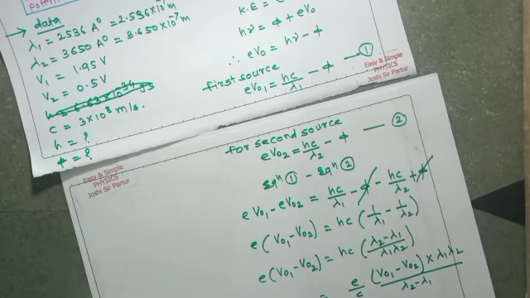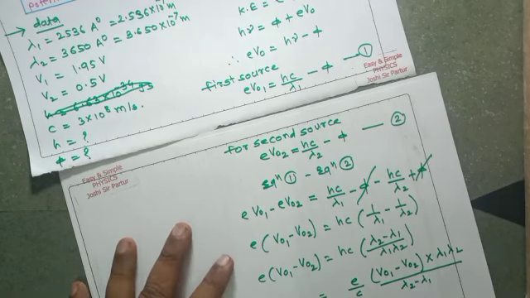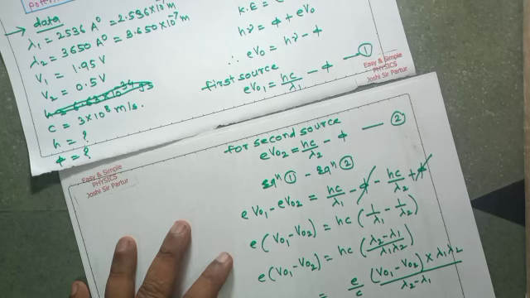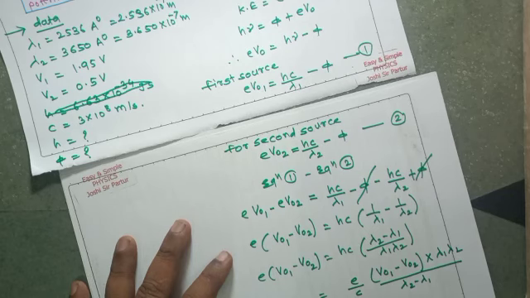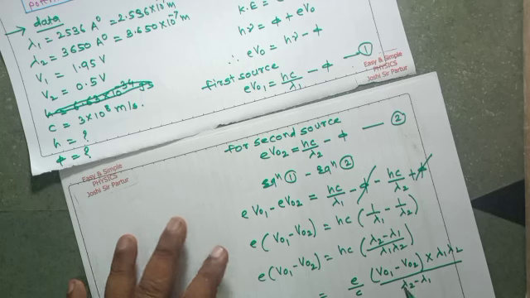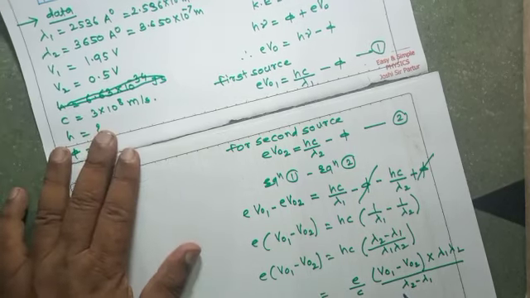If we substitute the values, you get the answer. So here the value of e will be 1.6 into 10 raised to minus 19 and 3 into 10 raised to 8 the value of c, multiplied by V01 and V02.